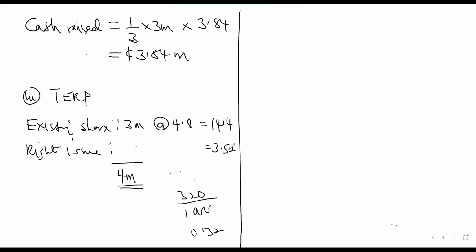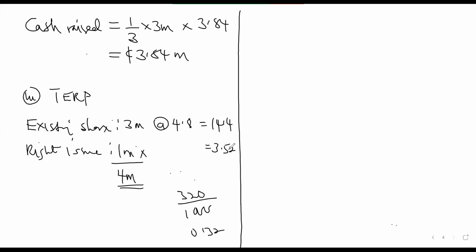So you can find the issue cost per share and subtract it from the right issue price before you multiply by the shares. Or you can find the right issue amount on total basis and subtract the issue cost also on total basis. There's no problem with all that. You'll be getting the same answer.